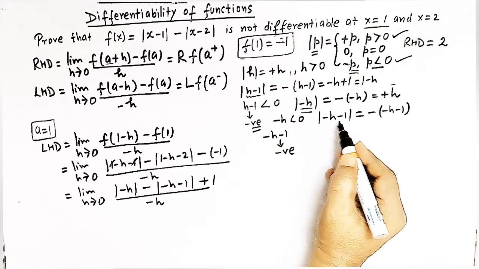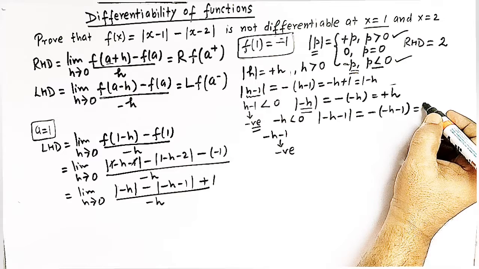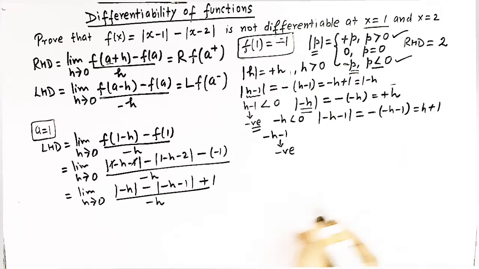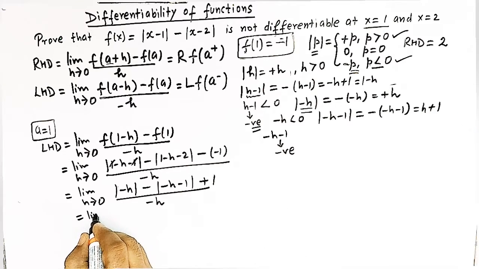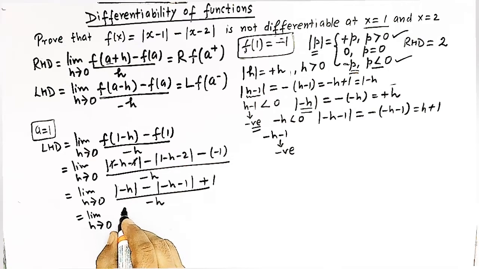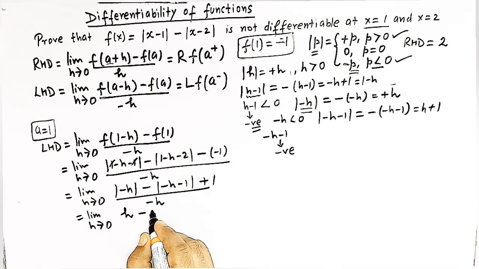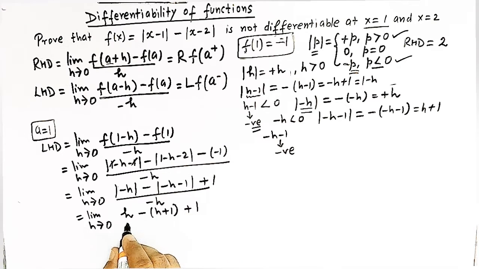P is minus h minus 1. So here we have plus h plus 1. So now we have limit h tends to 0. Here we have simply h, and then we have h plus 1 plus 1 over minus h, right?